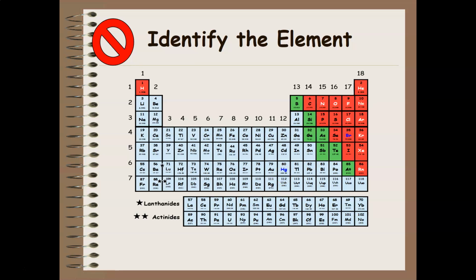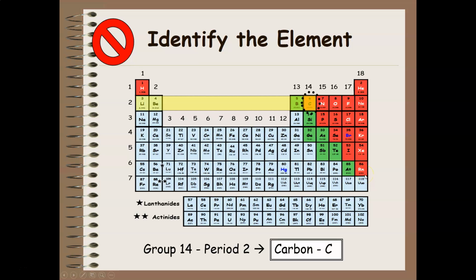You can identify elements based on being told their group or their period. So for example, if I say group 14, period 2, you know it's this column right here, and you know it's period 2, so it must be carbon. It's kind of like that Battleship game, right? Where you have to use the coordinates to locate something. It's what we're doing here.